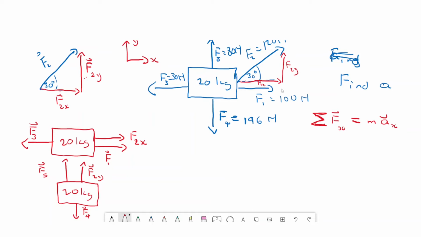All right, so let's see what is going to be the sum of all the forces in the x direction. Well, it's going to be F1. F1 is a vector. It's going to be vector F1 plus the vector F2x. Remember, when they are still vectors, you just write all of them as plus F3. So you don't care what direction is pointing, you're just writing them. Then this is going to be m a in the x direction.